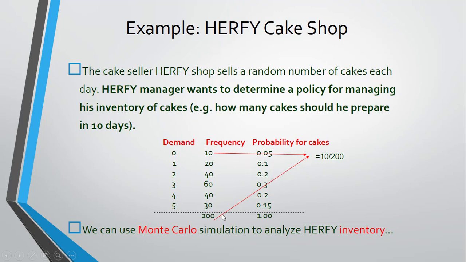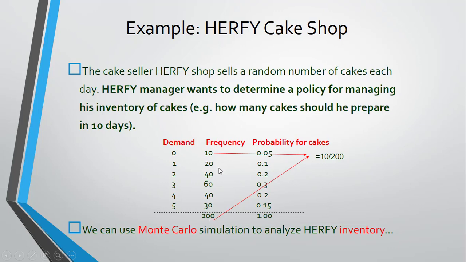The chance of having one cake sold is 20 days, 2 cakes sold is 40 days, 3 cakes sold is 60 days, 4 cakes sold is 40 days, and 5 cakes sold is 30 days. For the last 200 days, they have this frequency distribution.